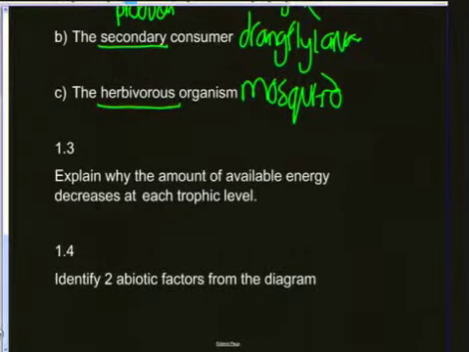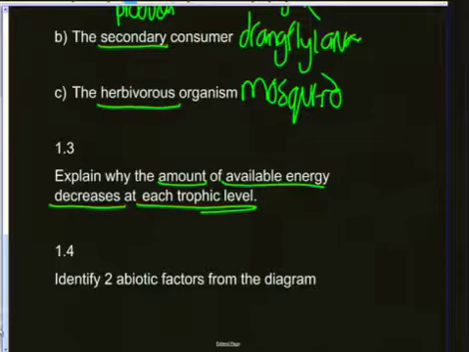Question 3. Explain why the amount of available energy decreases at each trophic level. Remember what I said to you. What happens at each level? Decreases means it goes down.